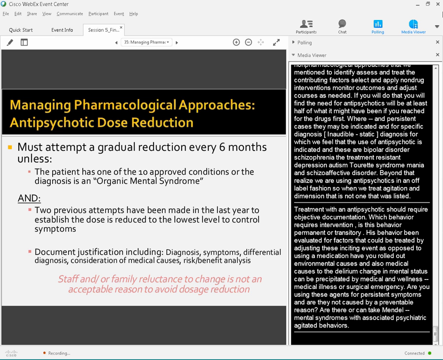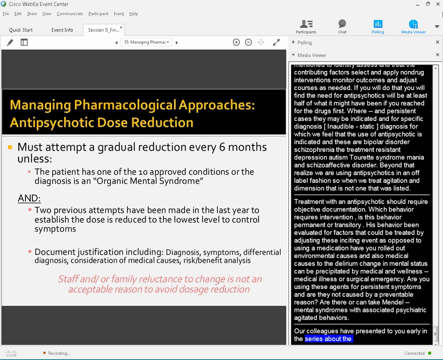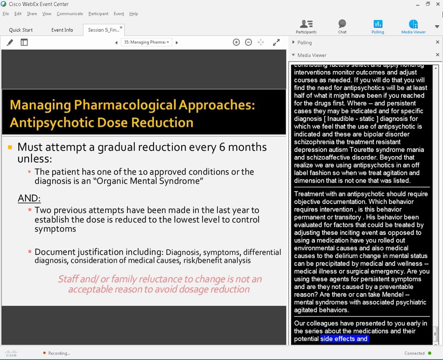Our psychiatric colleagues have presented to you earlier in this series about the medications and their potential side effects. And we know that CMS requires that we try a gradual reduction of these agents if they are started at least every 6 months, unless the patient has one of the previously mentioned organic symptoms that we talked about.